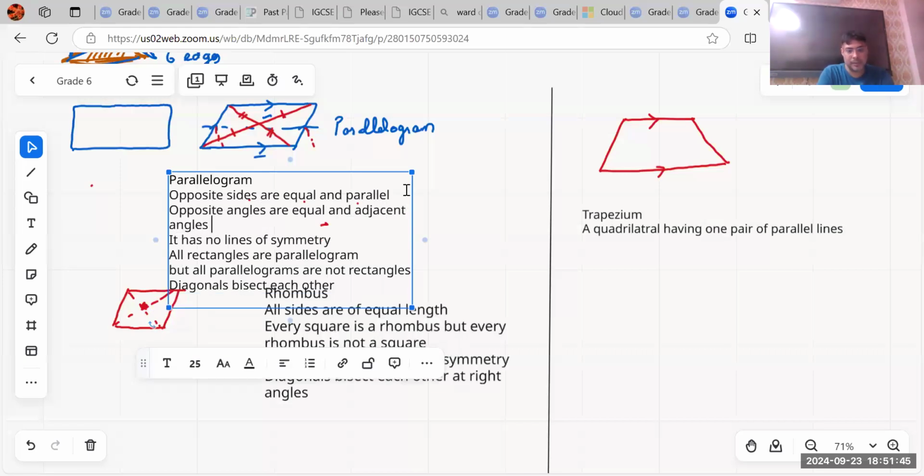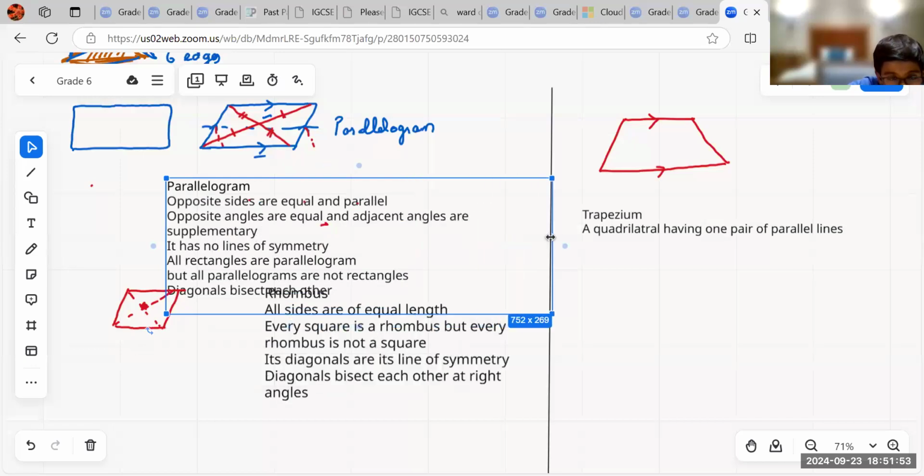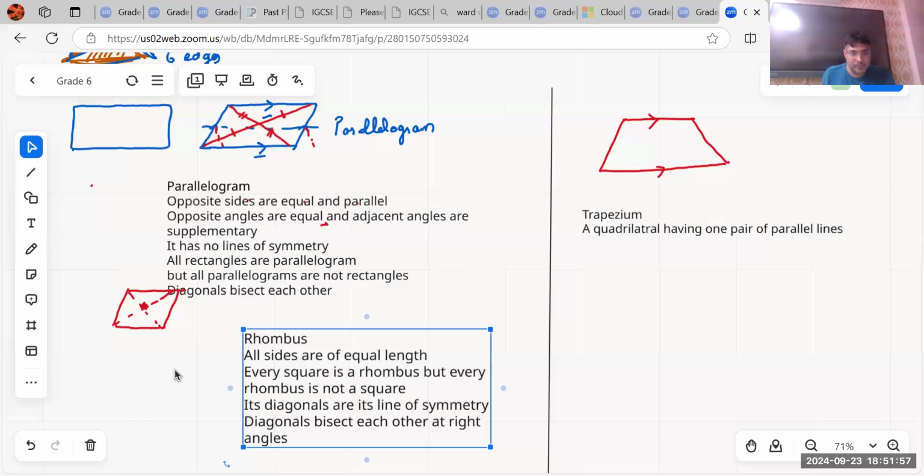I will explain this. Supplementary means they are not equal. Supplementary means their total is 180.